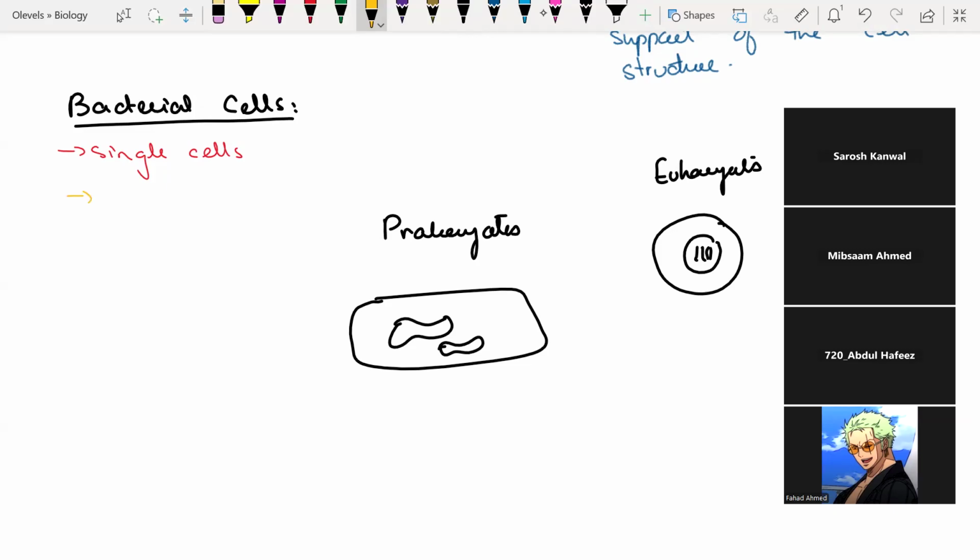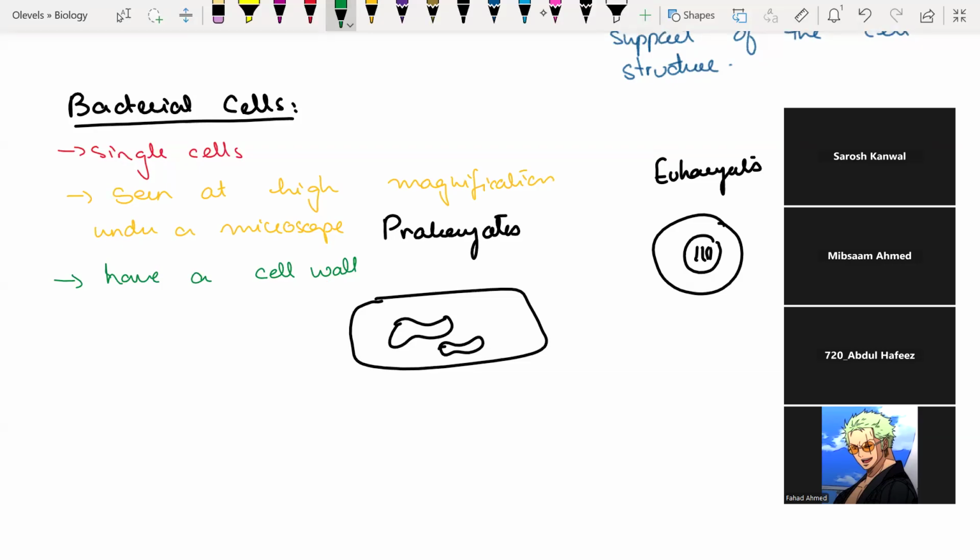And you can only see these bacterial cells at high magnification under a microscope. They are unable to be seen by your naked eye. So you know that bacterial cells also have a cell wall, right?